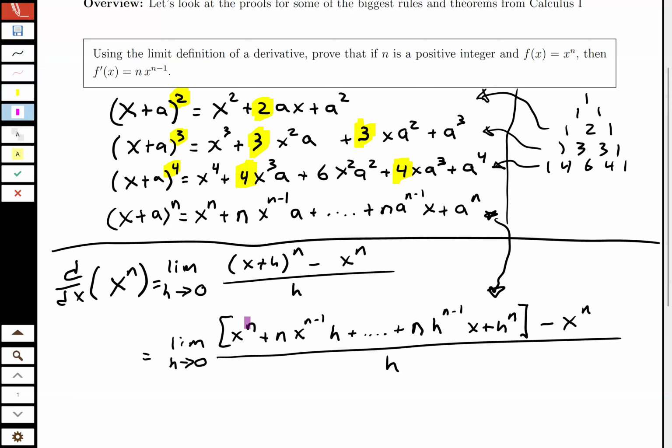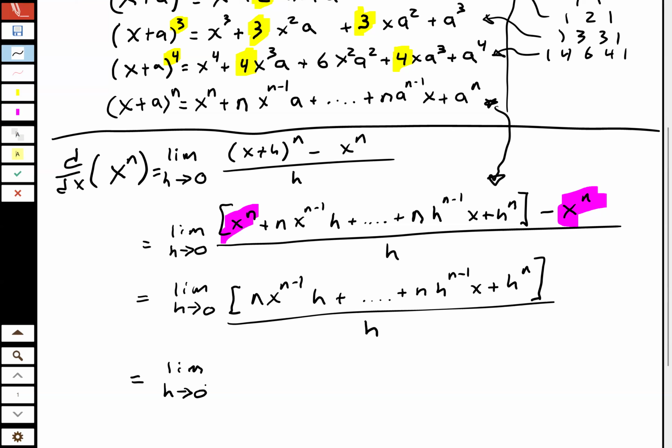And everything left here: n x to the n minus 1 h, lots of h stuff here, plus n h to the n minus 1 times x plus h to the n. And I'm going to divide all this by h. And what that's going to do for this first one is it's going to cancel out that h entirely. It's going to leave me with n x to the n minus 1.